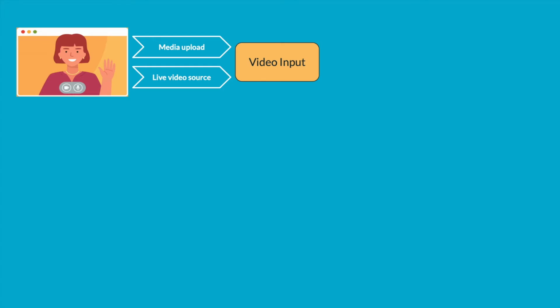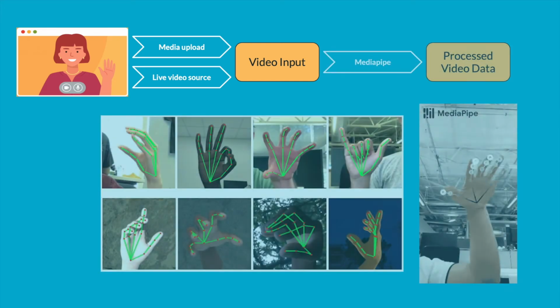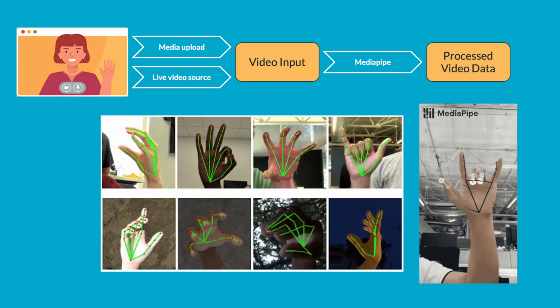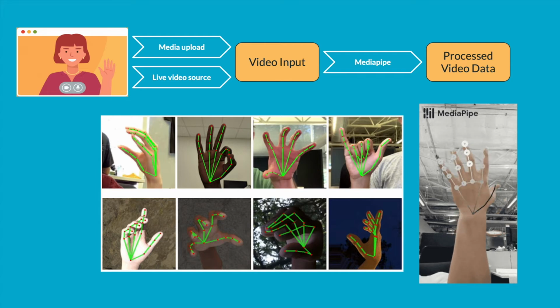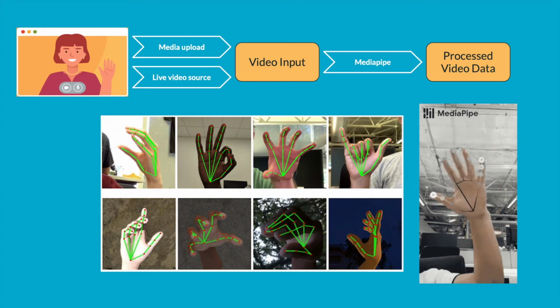The system architecture is as follows. First, the system receives a video input from either a media upload component or a live video source like a webcam. Once the video data is received, the system processes the data using MediaPipe, an open-source media processing tool developed by Google.